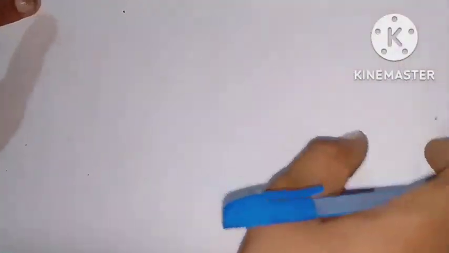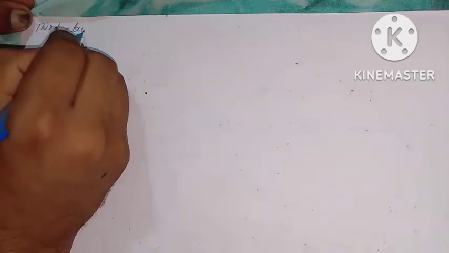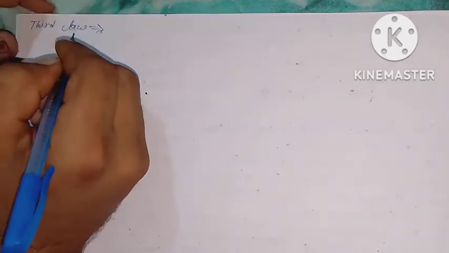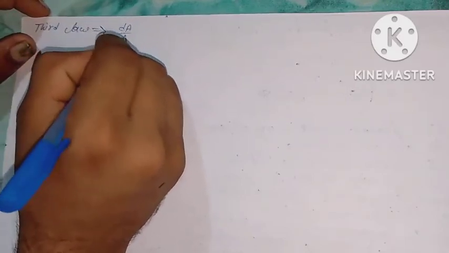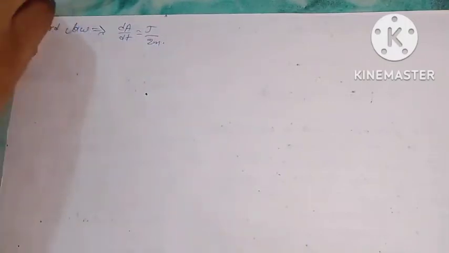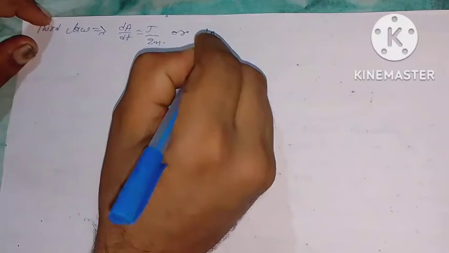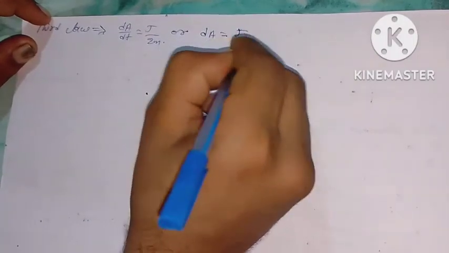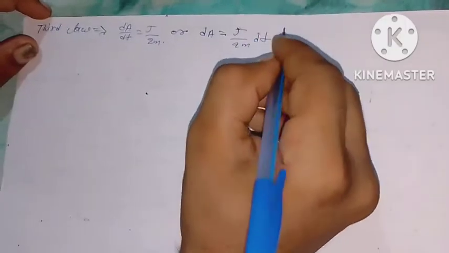Okay, next is the third law. As proved above, dA upon dt equal to J upon 2m. So dA equal to J upon 2m dt.